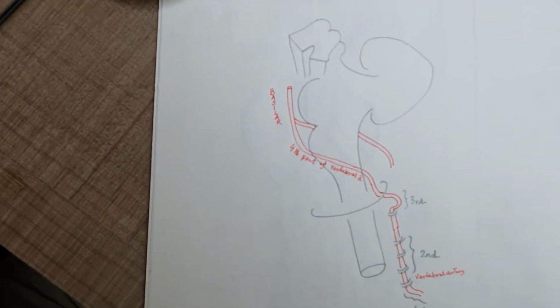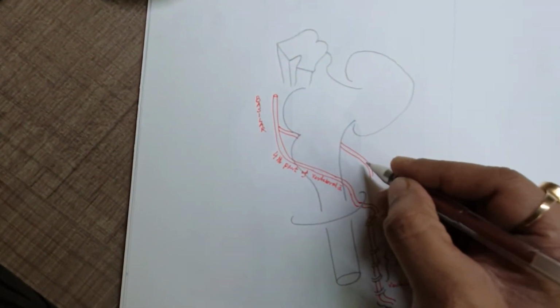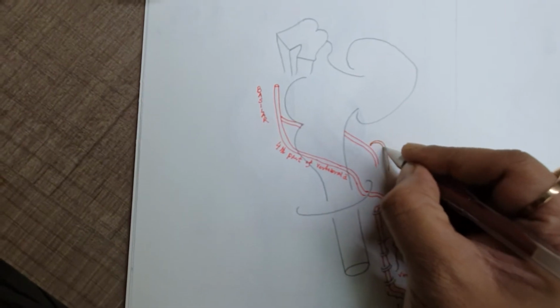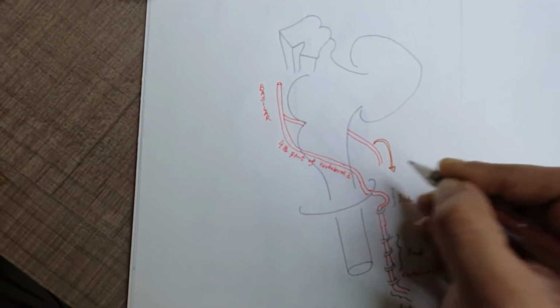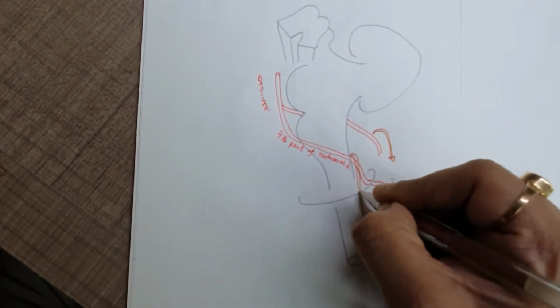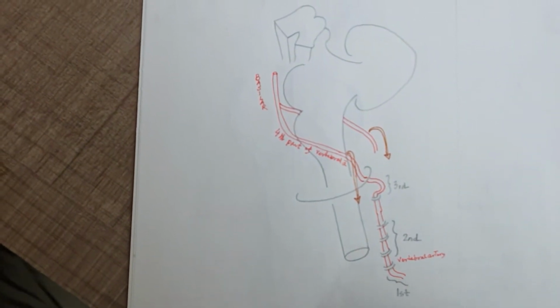This fourth part of vertebral artery gives many branches. Among them, one branch from each side descends down posterior to the spinal cord, known as posterior spinal artery.